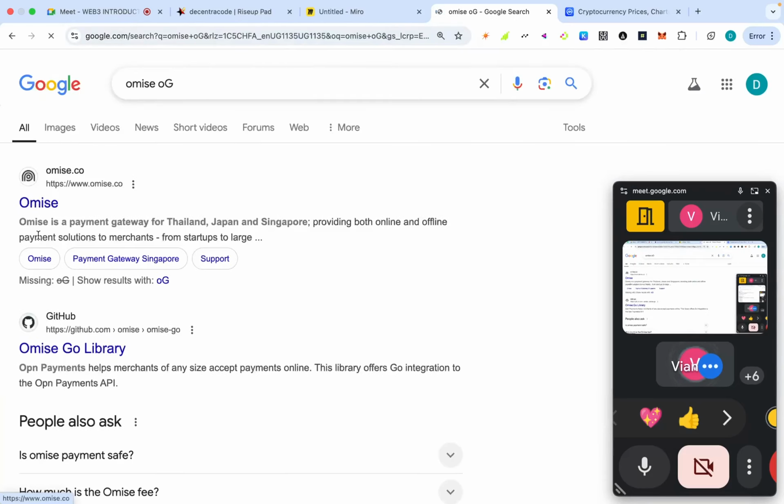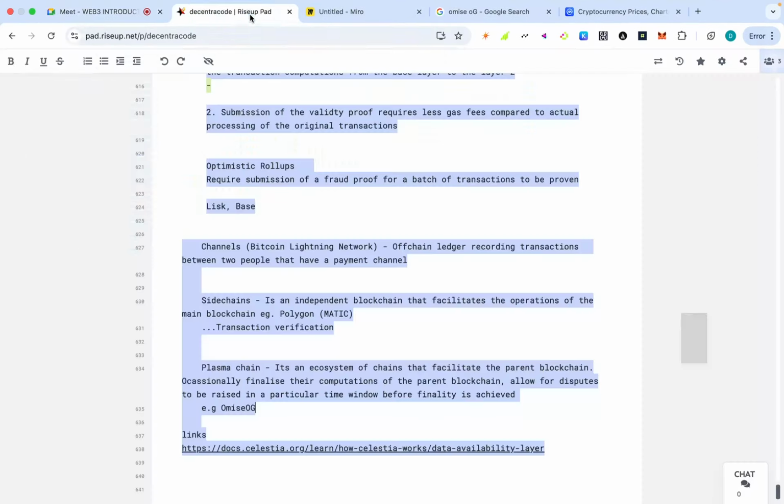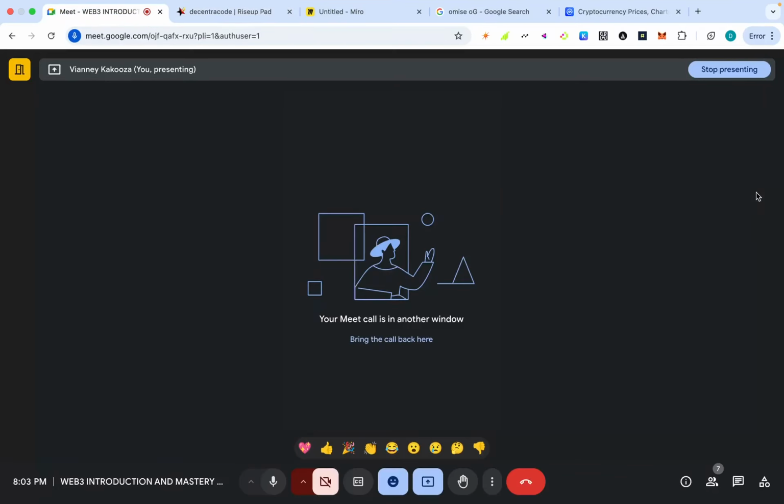I read this somewhere. It's a payment gateway in Thailand, offline payment solutions for merchants. So this one uses the architecture of a plasma blockchain.